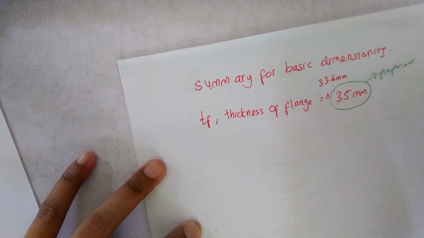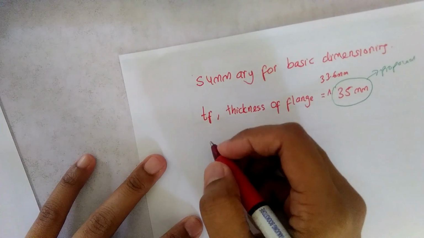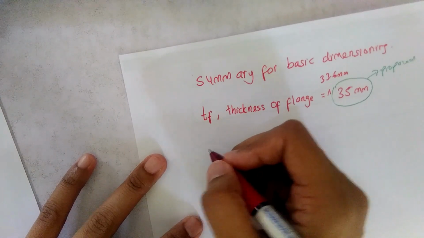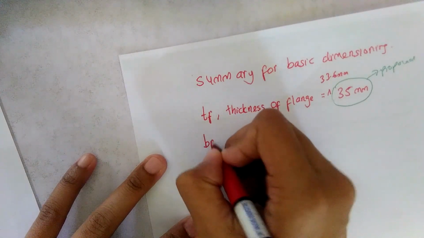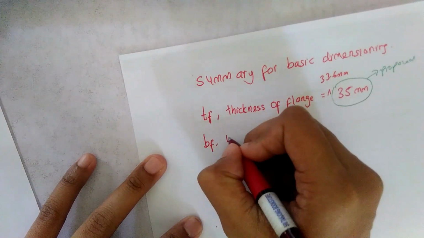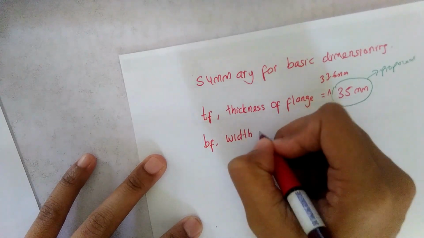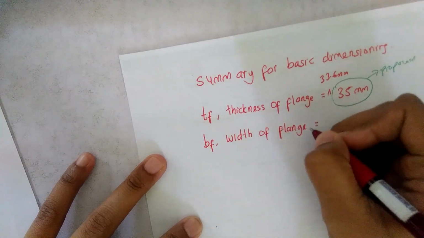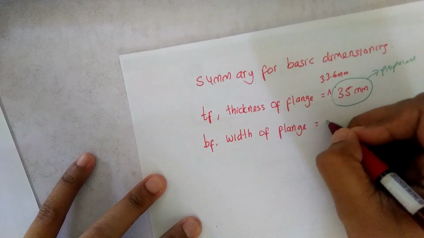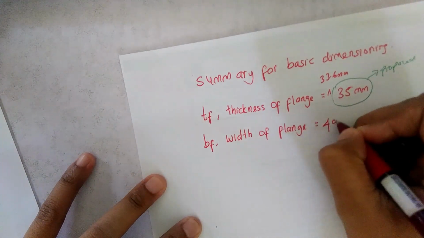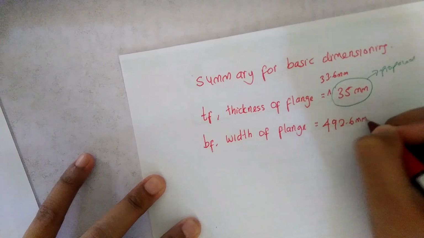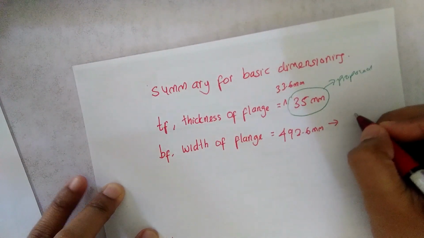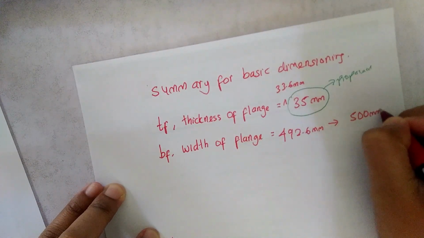And then your total width of flange, b_f, is initially 492.6 mm, but we propose it to become 500 mm.